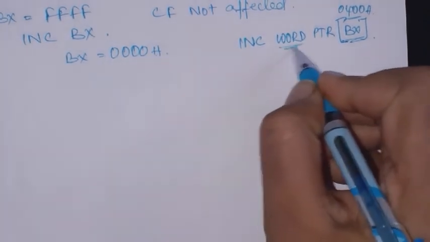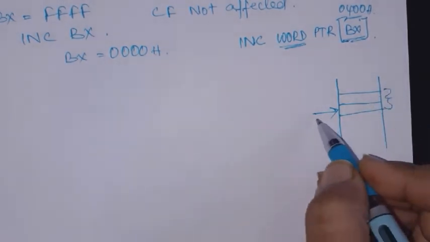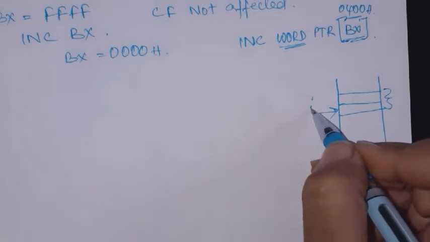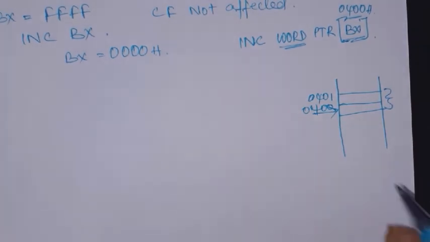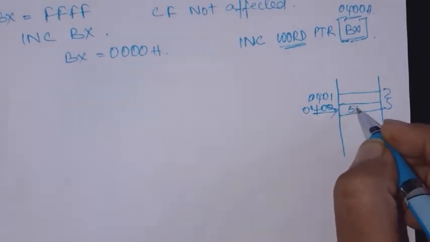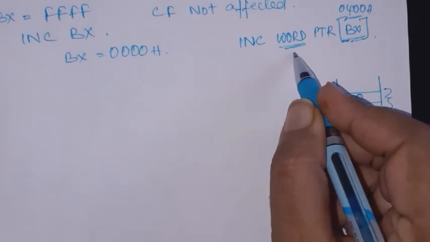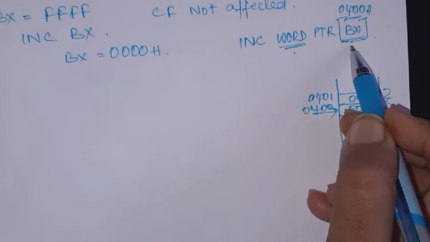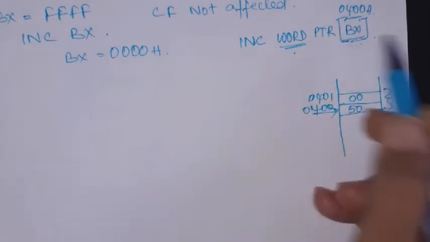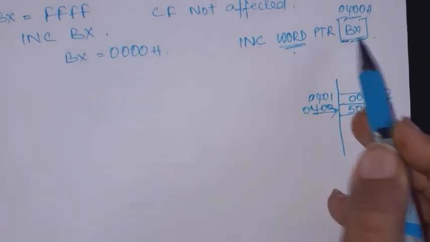Because this is a word pointer, it means it is pointing to a word in memory, locations 0400 and 0401. So if you have 5000 as data in this particular location, what will be the contents after this instruction execution? Because it is increment word pointer pointed to by the BX register, what is the data pointed to by the BX register?